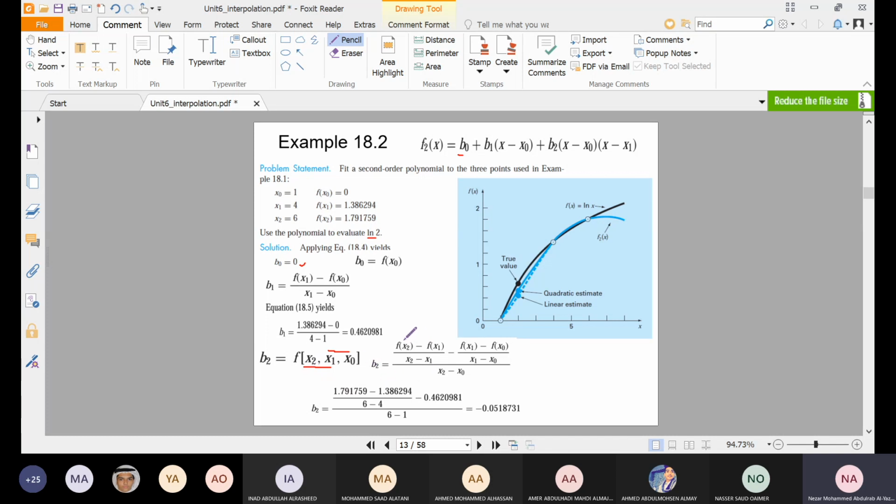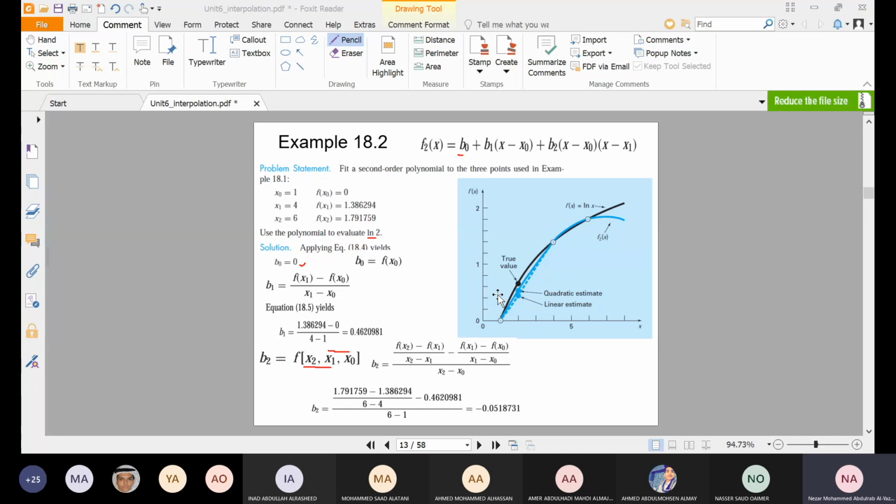So here I take f of x2 minus f of x1 over x2 minus x1, minus f of x1 minus f of x0 over x1 minus x0, over the maximum range that we have, x2 minus x0. By direct substitution, we find b2 equals this number.